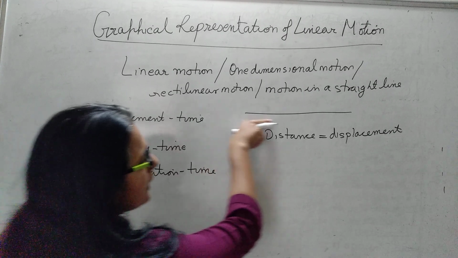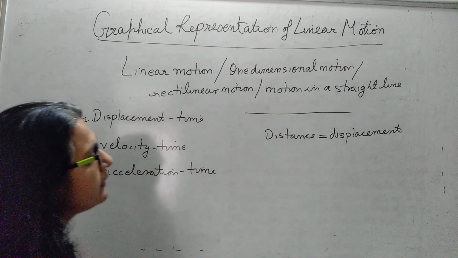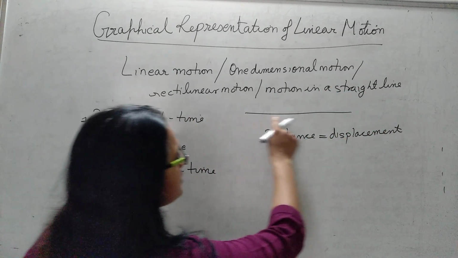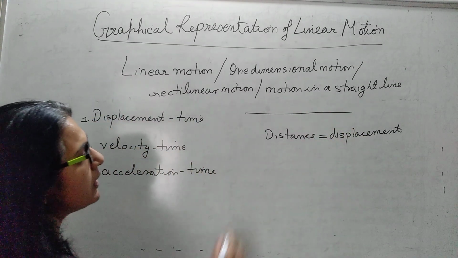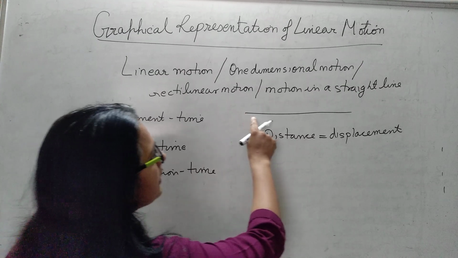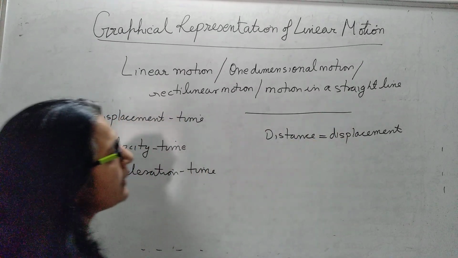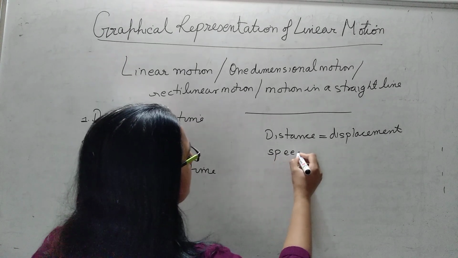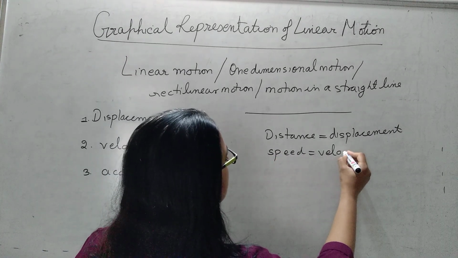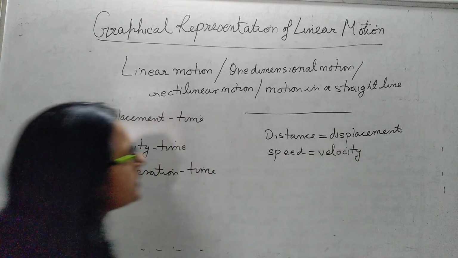The body is moving in only one direction, that means the distance traveled and the displacement, both of them are same. Similarly, when the body is moving in a straight line or there is one-dimensional motion, the speed and the velocity is also same.